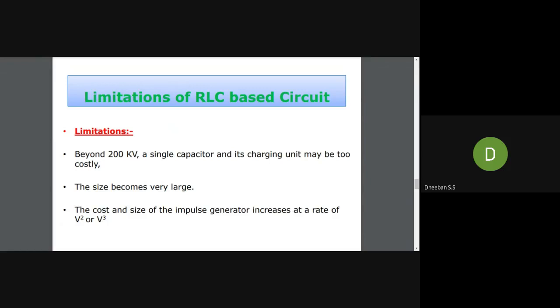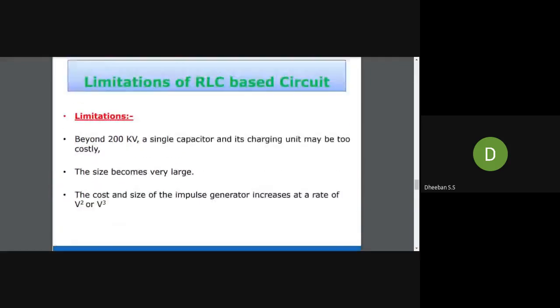The capacitor we are using here must be of a very high rating, and only if we use a very high rated capacitor can we efficiently make use of this circuit. But such a capacitor will cost very much, and the size also becomes very large.